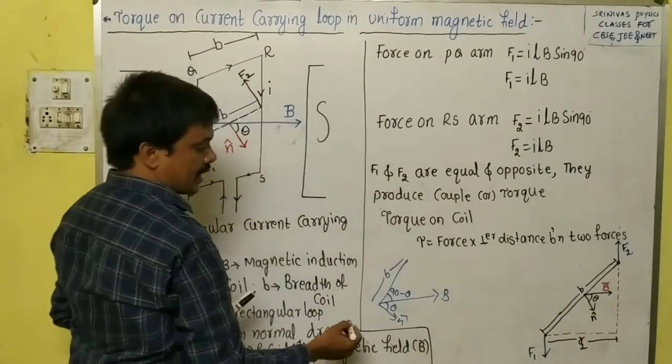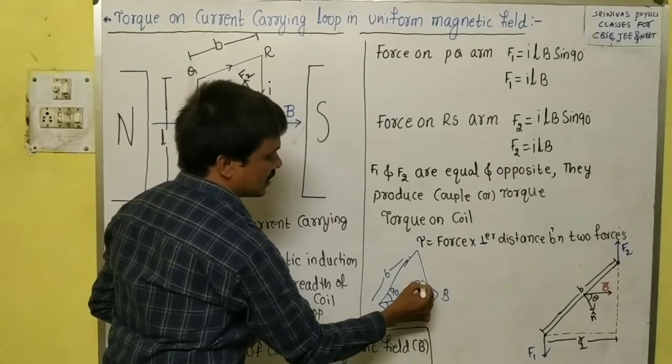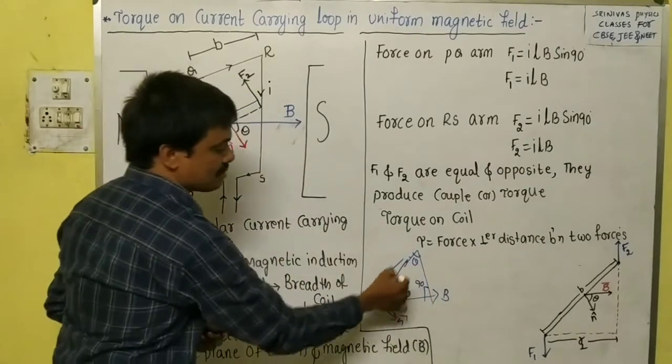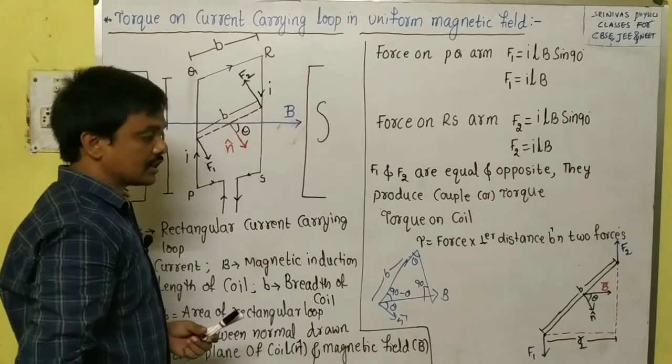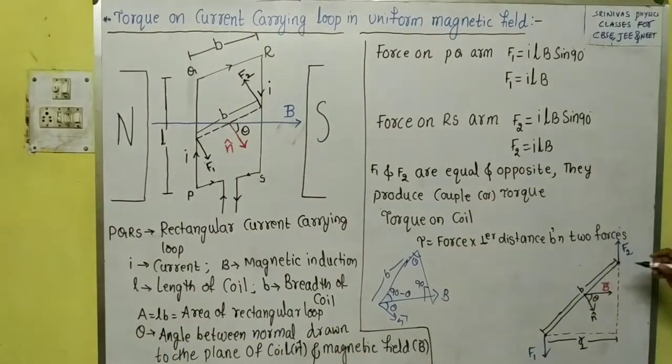Okay, and now this is 90, and here the angle we will get is theta, because the sum of three angles is 180 degrees. Once again I will tell, don't be confused, it was very easy.